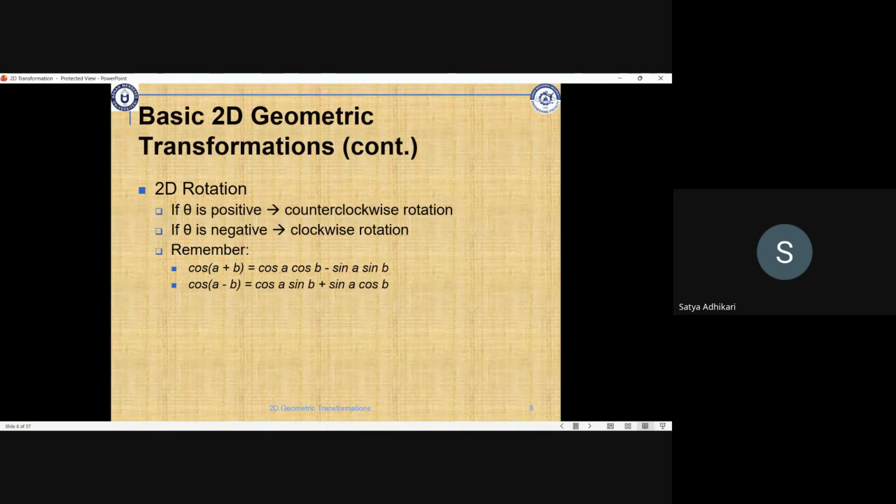If theta is negative, the direction is clockwise. Because you know that in cos(A plus B) there is a negative sign. So if it is negative, it is clockwise, and if it is positive, it is anti-clockwise rotation.